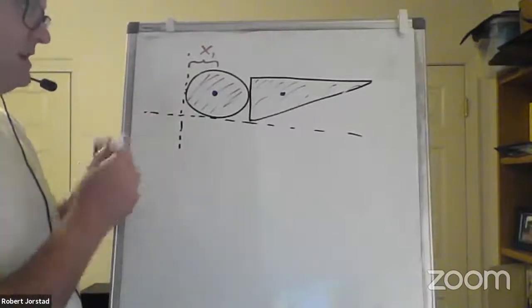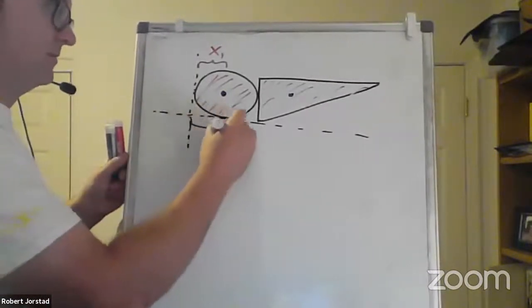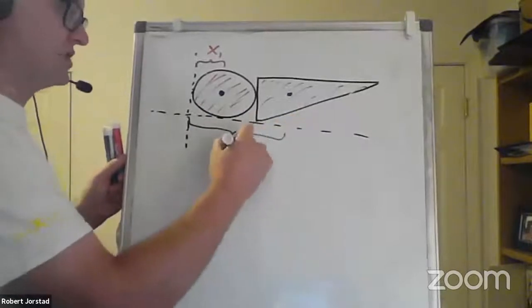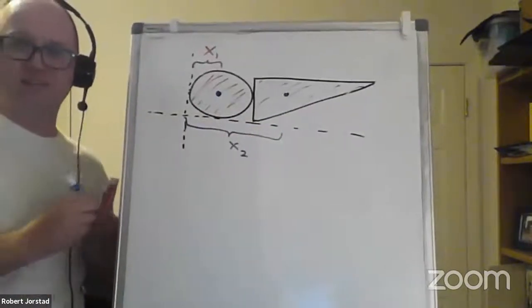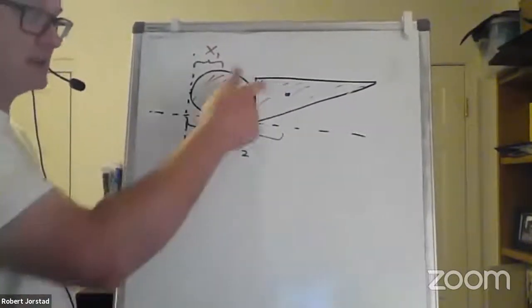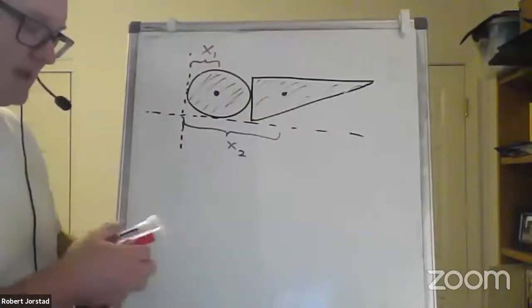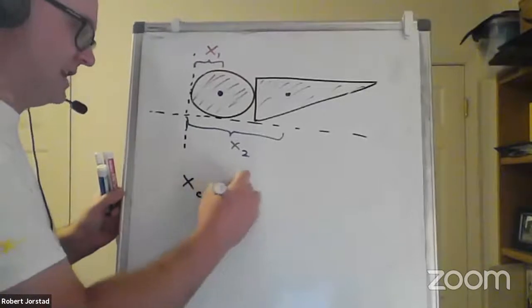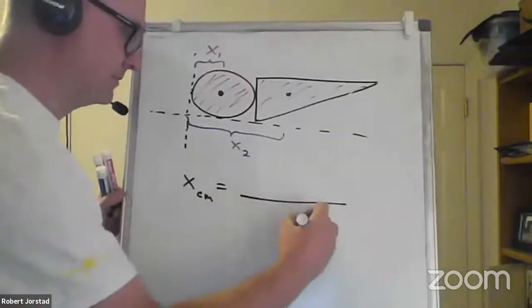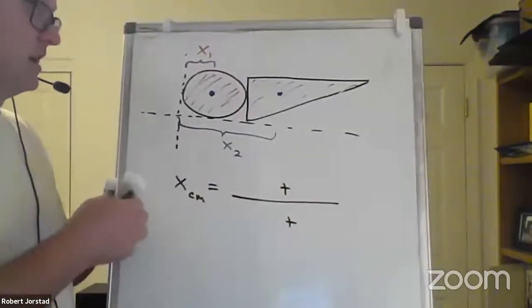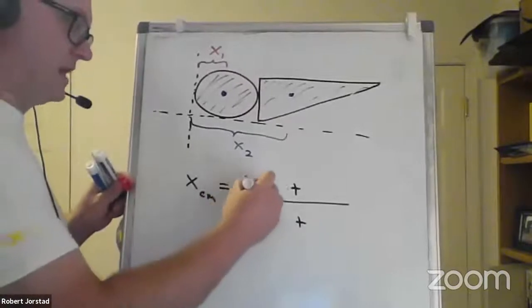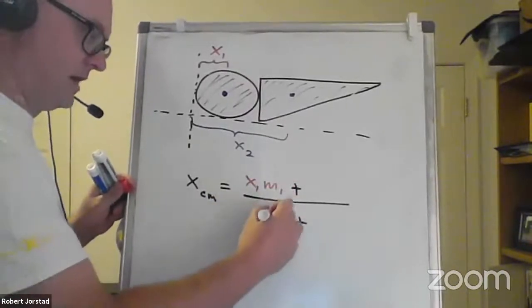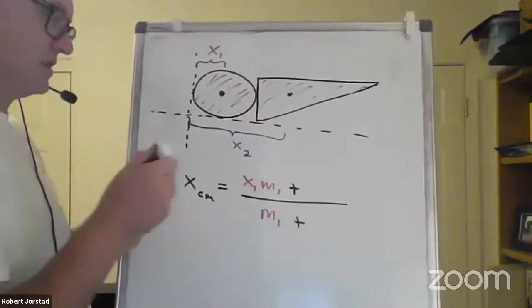This distance right here would be x2, the horizontal distance to this object's center of mass. And then the total object's center of mass would be x center of mass is equal to x1 m1 plus x2 m2, over m1 plus m2.